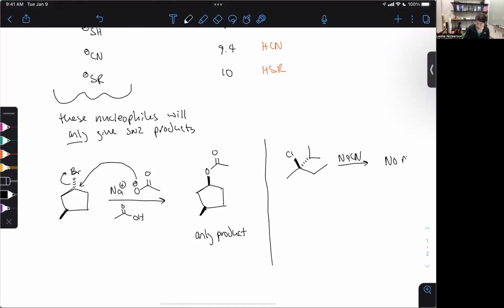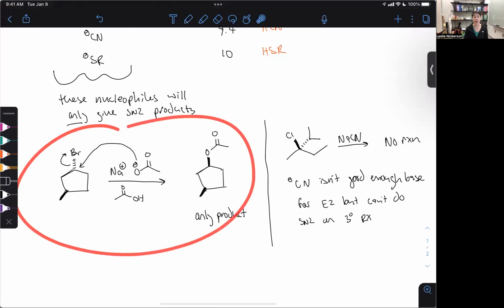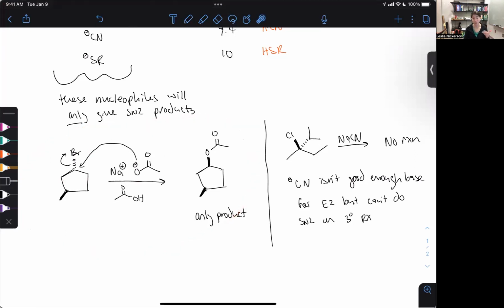The reason for that is the CN minus isn't a good enough base for E2, but if I'm going by an SN2 mechanism, I still cannot do it on a tertiary alkyl halide. So we're still following the same rules, making sure that we're not breaking the no tertiary alkyl halides for SN2 rule. But we can at least cut down E2 reactions from secondary alkyl halides and primary alkyl halides if that's something that we need.